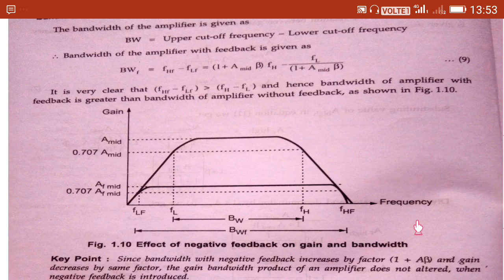Now, you can easily observe that as we increase the frequency, first of all, gain is basically increasing. Then after some frequency, it becomes constant.